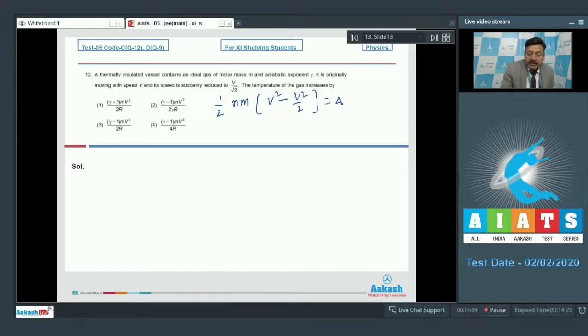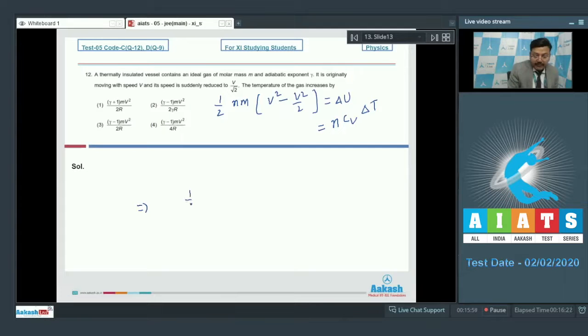And the expression for delta U then will be the total number of moles, which is n, into CV into delta T. We can see that the n is cancelling on both sides.